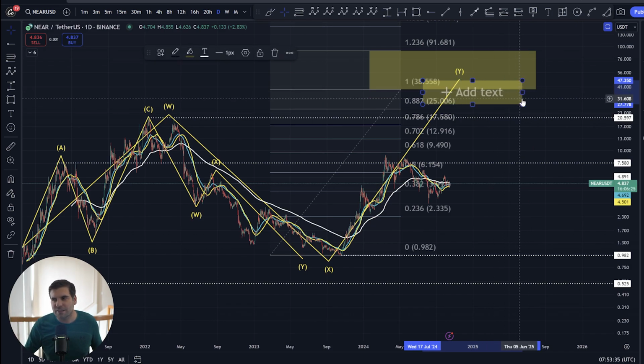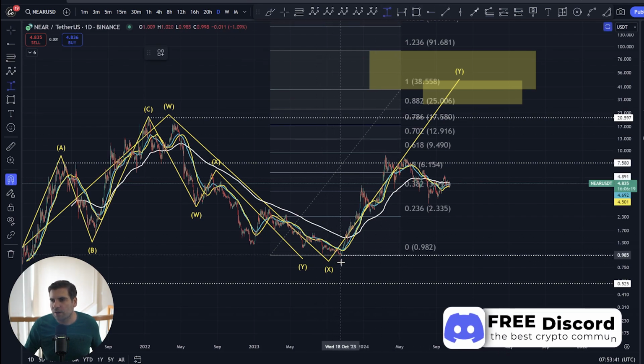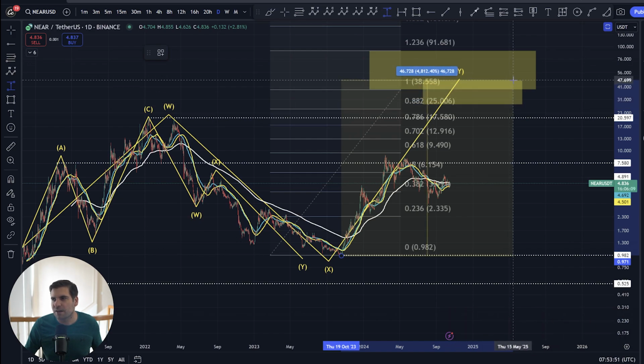That means, yes, there's a new all-time high, but is it going to be phenomenal in terms of gains? Well, from our October lows up to the low side of that $27 range, it's about 2,700%. To the higher range, around $46 or so, we'll be talking about 4,700%.